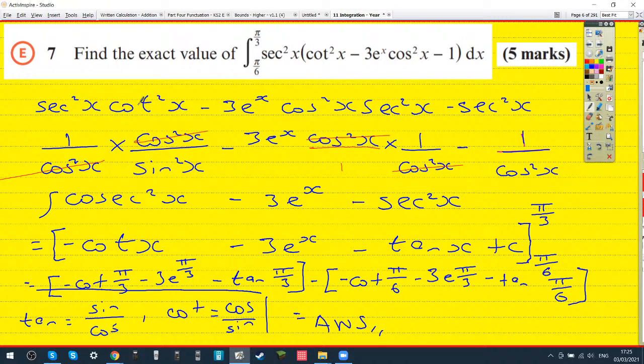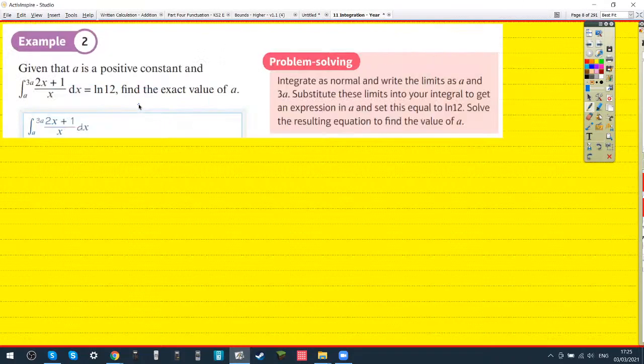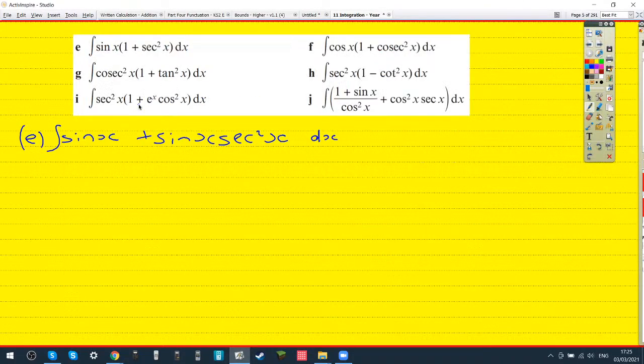We rewrote them as 1 over cos squared x and cos squared x over sine squared x. Yeah. Change everything into sine or cos. So the sec squared x will become 1 over cos squared x. What's next?